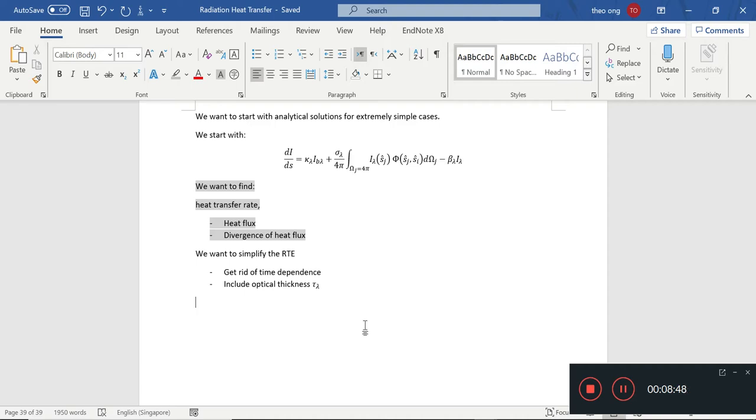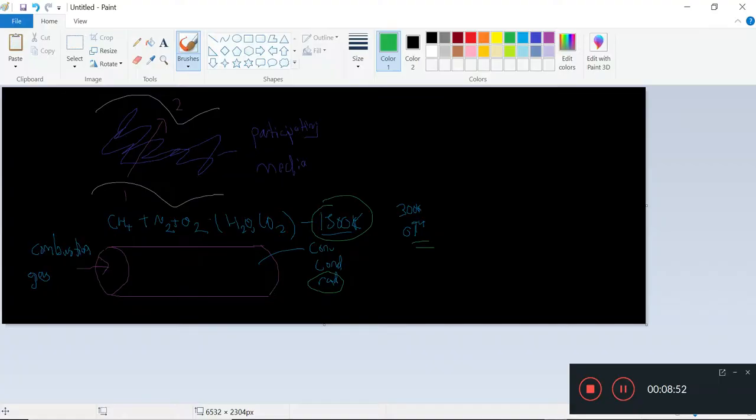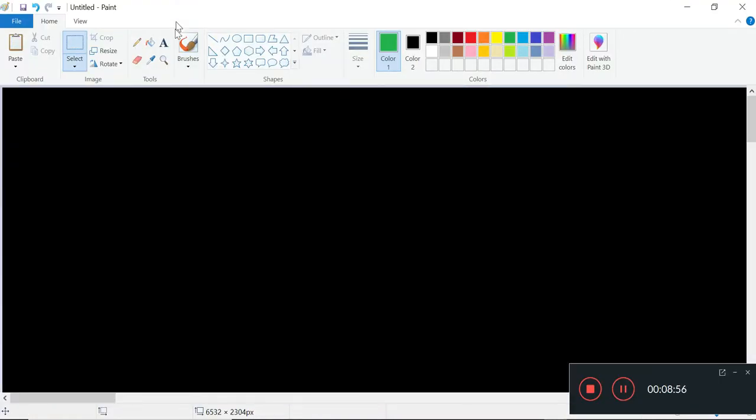All right. So where is this time dependence coming from? In the equation itself, it's pretty hard to see, but let's use the same diagram as before.